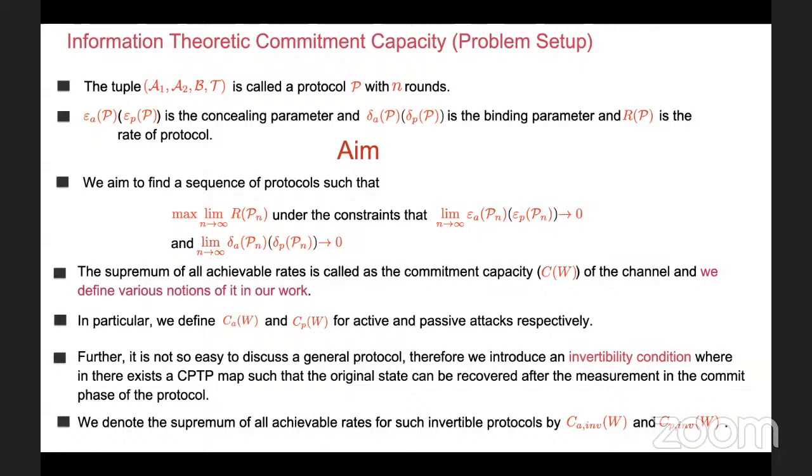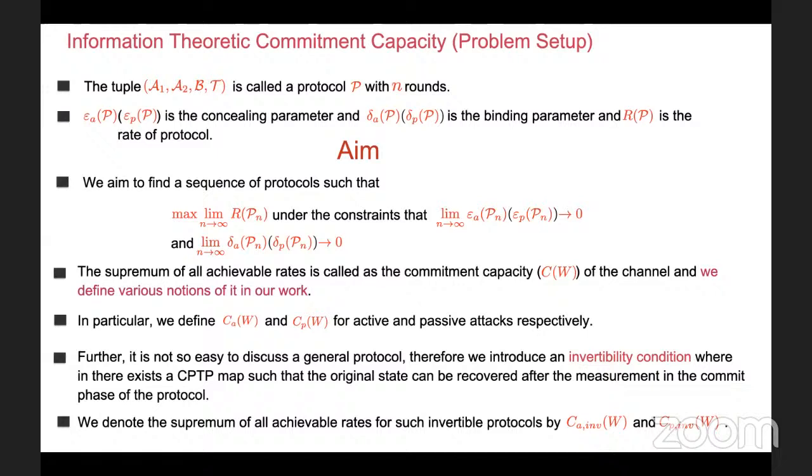One reason is that in the commit phase, once Bob measures the quantum state, the state just changes to some other state, and we don't have a handle on it. Also Bob can behave in a very arbitrary way, so in general it is very difficult to ensure that both the concealing parameter and the binding parameter go to 0.